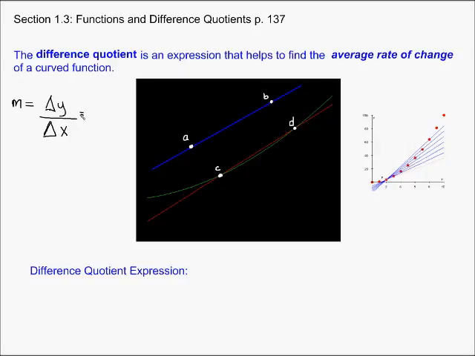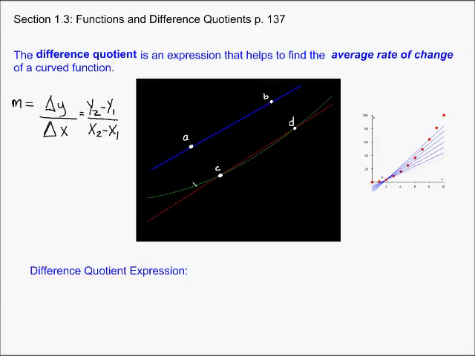If we wanted to simplify this a little further, we would take the y-coordinate of our second coordinate and subtract the y of our first coordinate, and then we divide by x2 minus x1. And that would be the rate of change for our linear function.